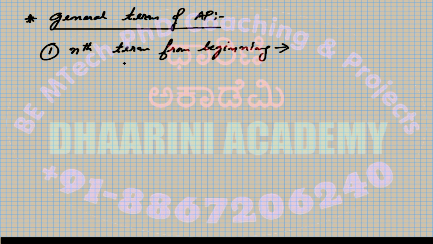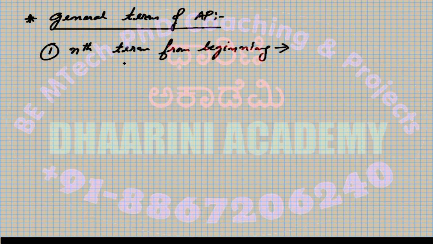Similarly, if I want to write the third term from last, T3 dash is L by R, so L by R square. All right, in the same fashion, let's move on and write the last term, the nth term from last.